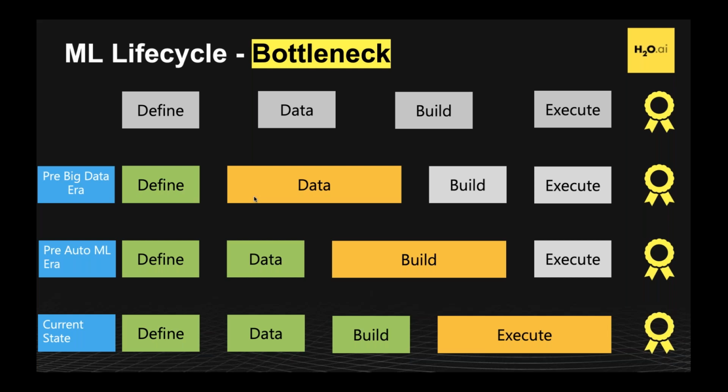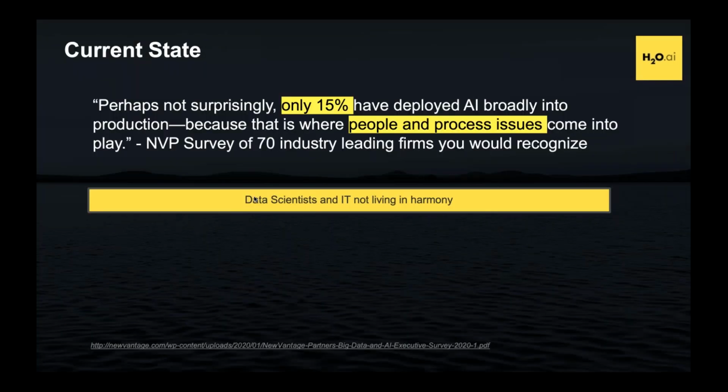So to aid in this argument, I'm going to show you a result from a famous study done by NewVantage Partners in 2020, where they surveyed about 70 industry-leading firms about what their AI strategy is, and how many models they have deployed, and so on.